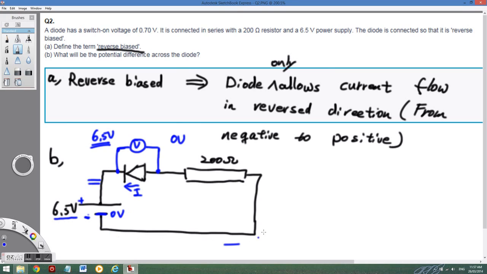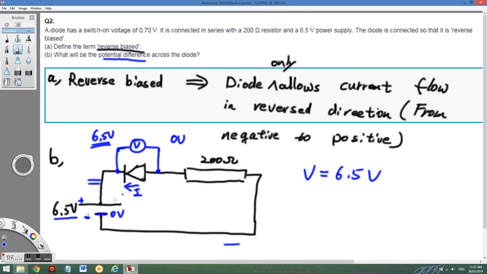Similar to here, because the current is forbidden to travel against the direction of the diode. So the potential difference will be the difference between the right hand side and the left hand side of the diode. So the potential difference, the voltage across the diode this time, will be 6.5 volt.